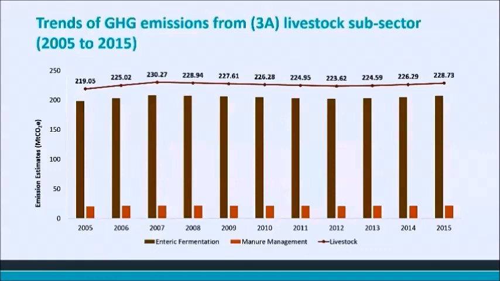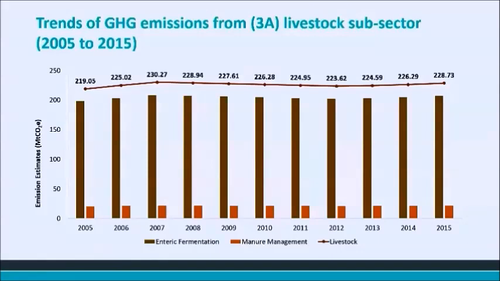So in terms of the livestock sector, again, the main contributor to emissions in this sector is enteric fermentation, with the main driver there being the very large size of the animal population in India.